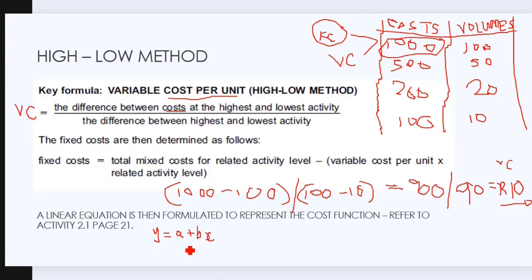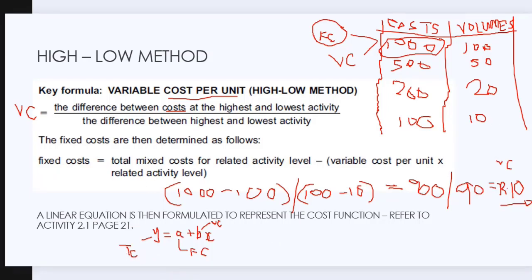And on this linear equation, my b is my variable cost, and I just determined it, right? It's the 10 rand. And then my a, this is your fixed cost. That's what I'm trying to determine. Then my y, it's my total cost. So in the question, you would be given what's your total cost.